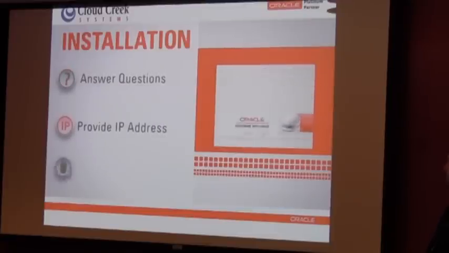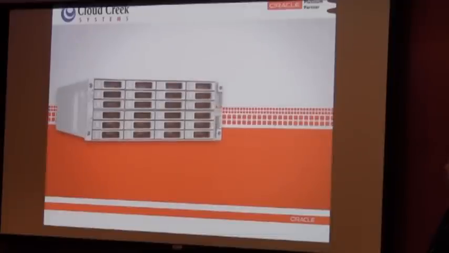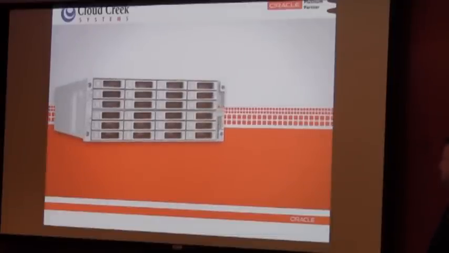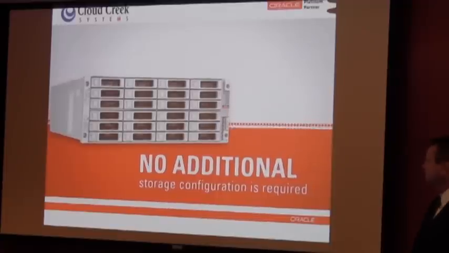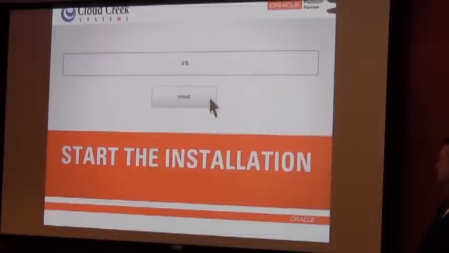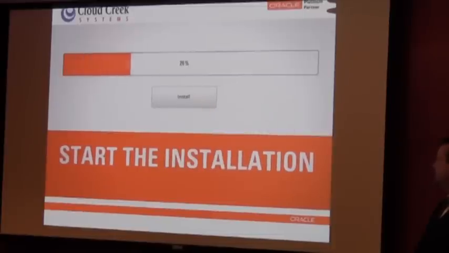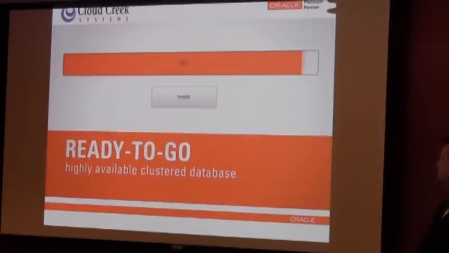Choose the size of the database you'll be running, from very small to very large. Storage administration is integrated into the Oracle Database Appliance, so no additional storage configuration is required. Once you've completed those steps, start the installation. Come back in 2 hours and you'll have a ready-to-go, highly available clustered database.